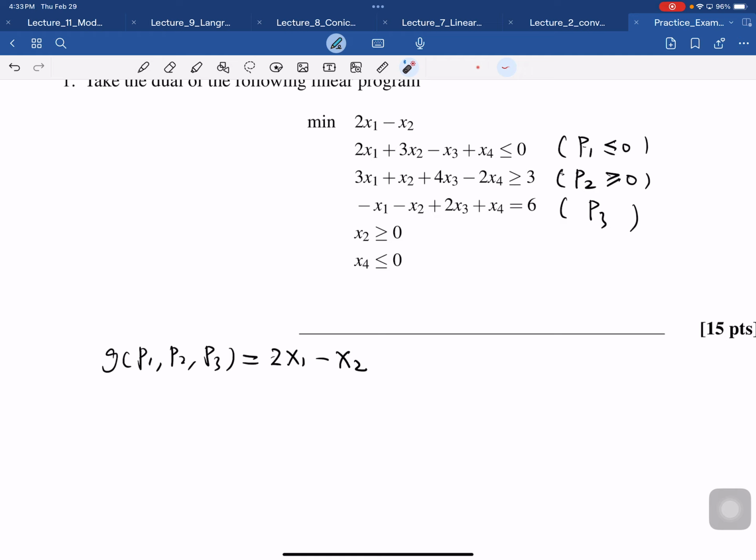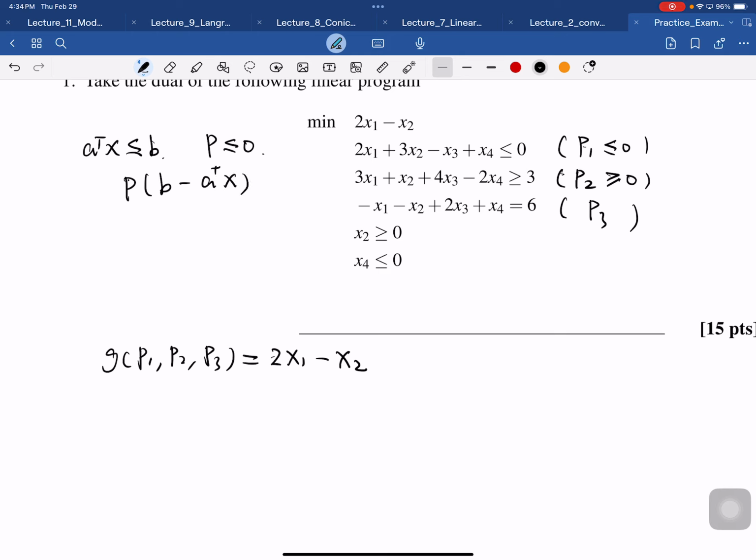So if you write it generally, if a constraint is A transpose x less than or equal to b, and you put p to be less than or equal to 0, then when you bring it to the objective, you should multiply by p times (b minus A transpose x), right?